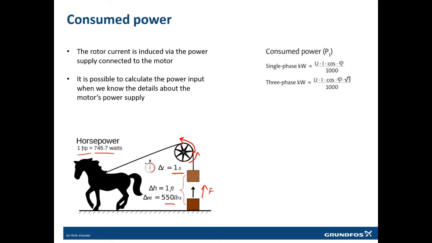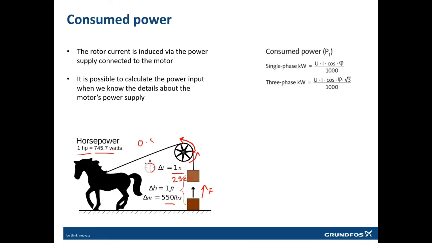When we say 1 horsepower, what exactly is 1 horsepower? How can we differentiate 1 horsepower in the real world? Now, for example, if this horse did the same movement of moving 550 pounds by 1 foot, but in 2 seconds, will this be 1 horsepower?